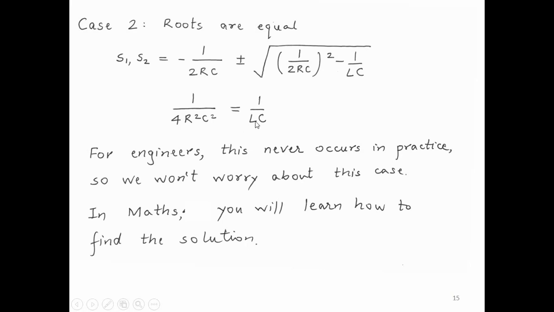When this is 0. Now for this condition to be satisfied, the R, C and L values must be such that this equality is exactly obtained. Now it turns out that in real life, it is practically impossible that the capacitor, inductor and resistor values are so precisely matched that this equality is achieved.